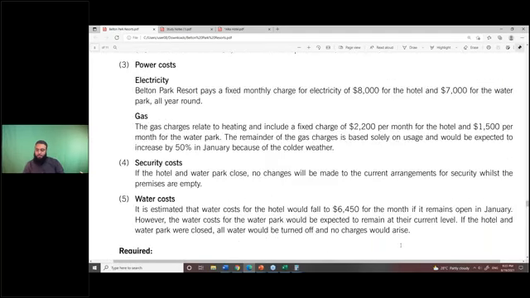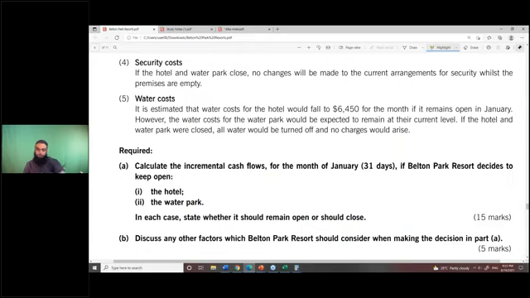The requirement is: calculate incremental additional cash flows for the month of January, considering 31 days, if Belton Park Resort decides to keep open. If they decide to keep open in the month of January, it means they want to take a decision whether we should keep the park open or not.